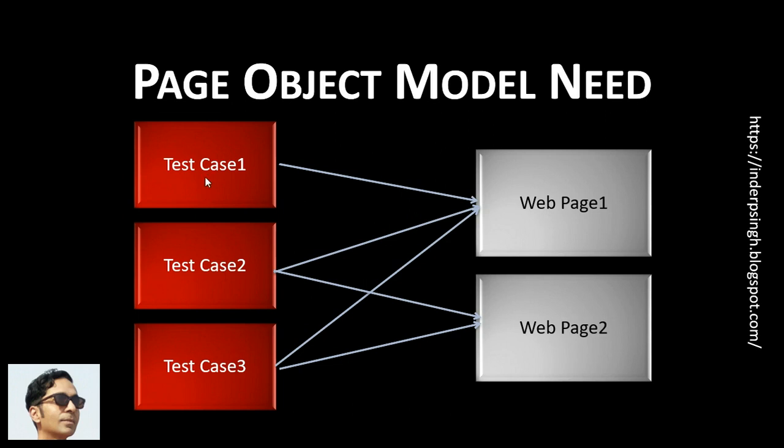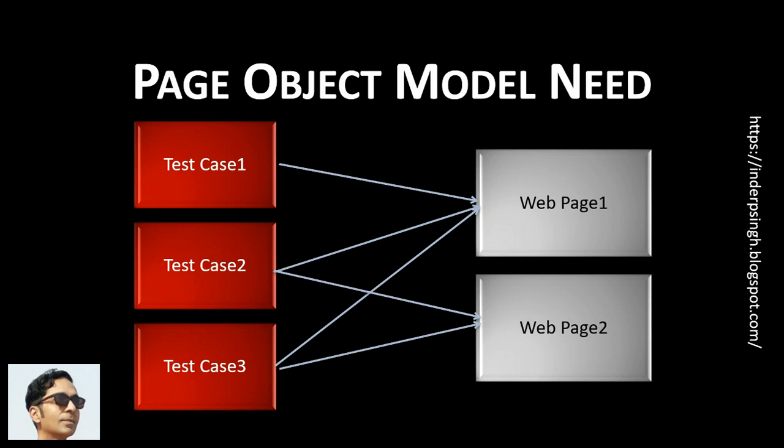These test cases have duplicate code for web element locators and operations if you don't use a page object model. One locator changes in web page 1. Because of this, you have to update all the test cases where that particular locator is written.